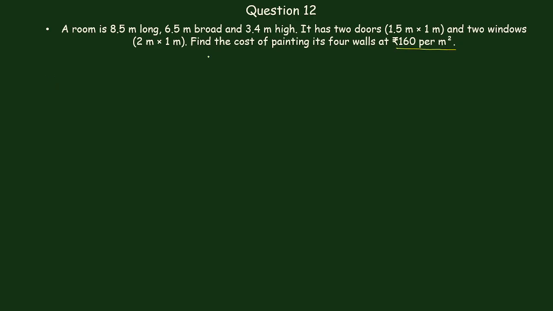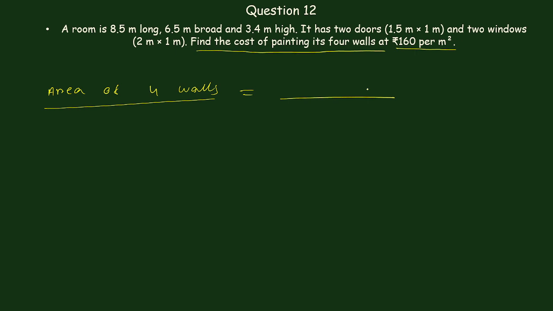So basically we need to find out the area of four walls first. Area of four walls. Now the doors and windows are not going to be painted, right? So it has two doors.